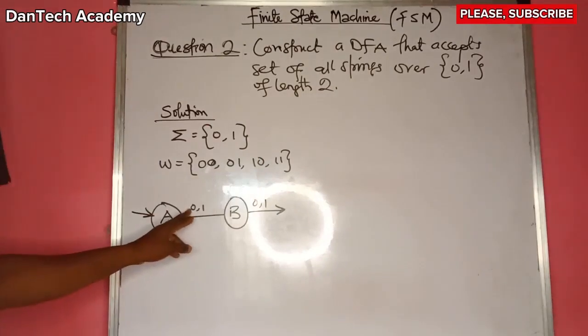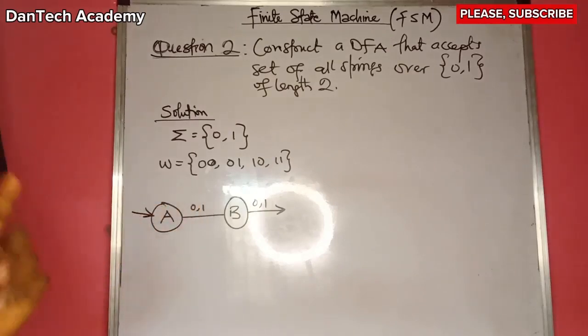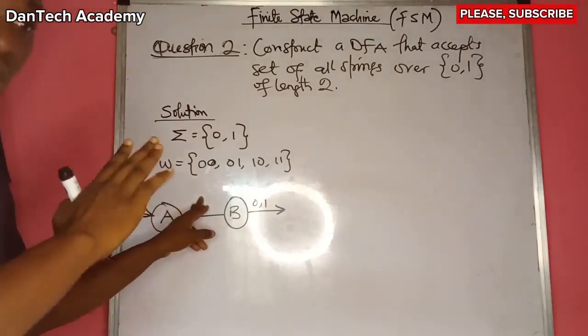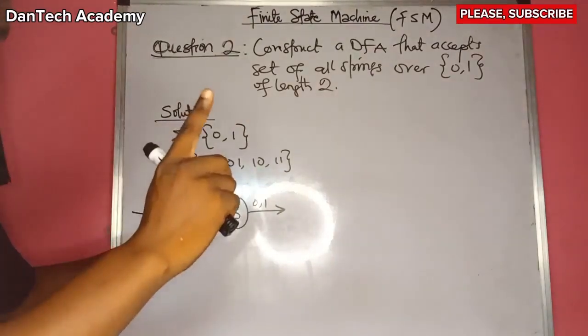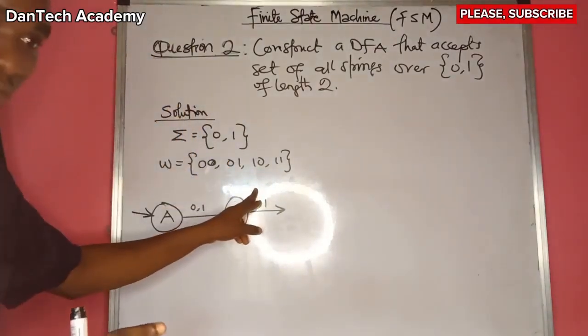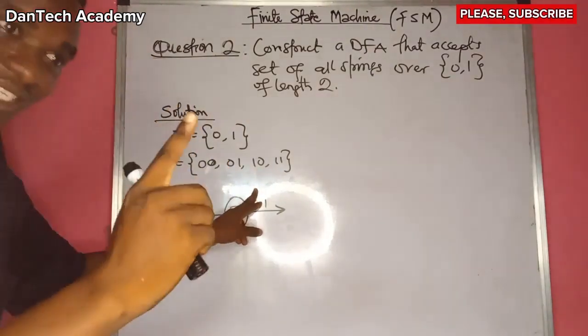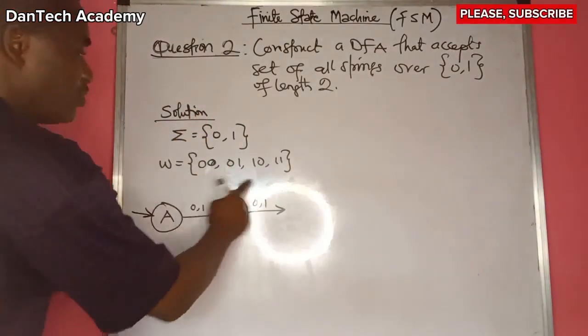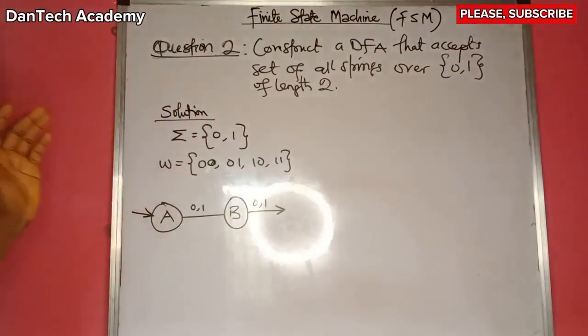If you're wondering why you could say this is 1, this is 2 when I'm having 0 and 1 here, remember that the 0 and 1 are not entering at the same time. It is one input that we enter. So here we have 1, whether 0 or 1, one input. Here we have another one, whether 0 or 1, one entered. So it makes up 1, 2: two strings, two lengths of strings.